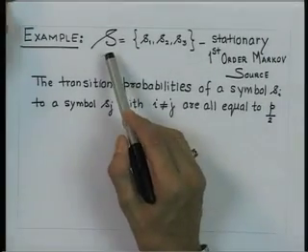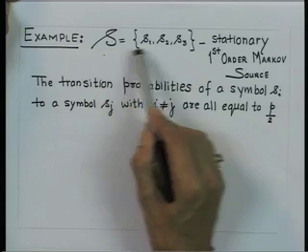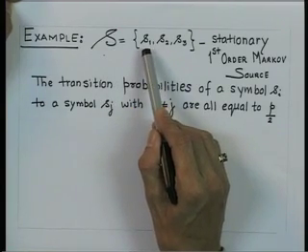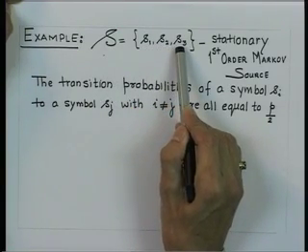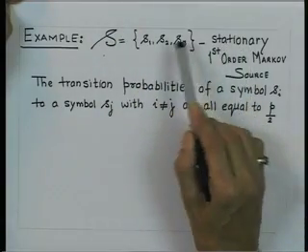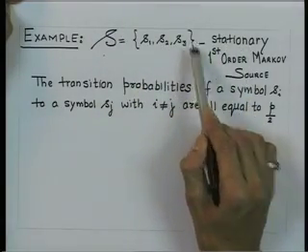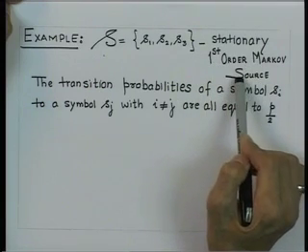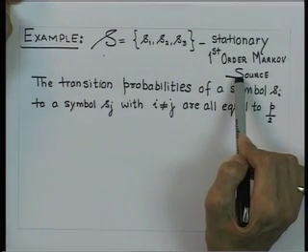Let me assume that I have a source which emits 3 symbols S1, S2, S3. This source is stationary, and I also assume that this source is a first order Markov source.